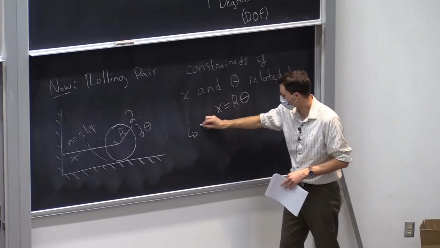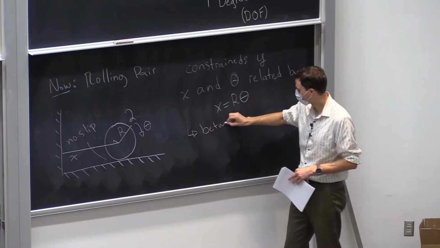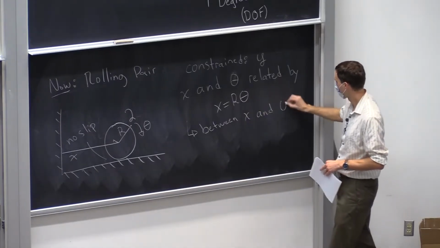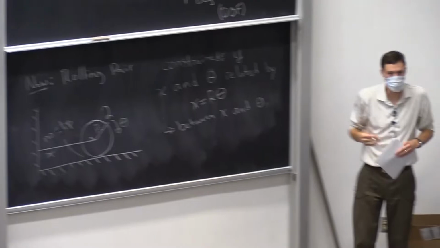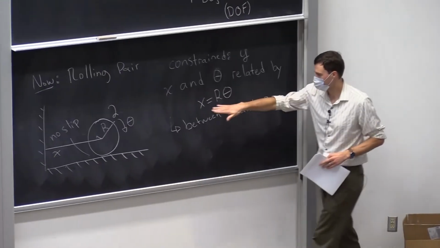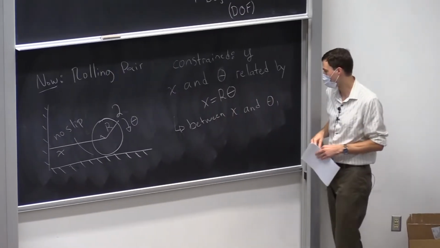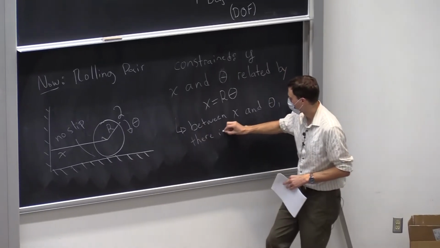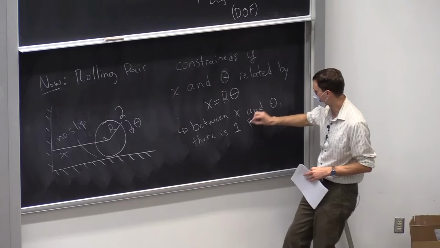So our conclusion here is that between x and theta, you can choose one of them to fix. Once you choose one, it'll fix the other one as well. So between x and theta, there is one free value.